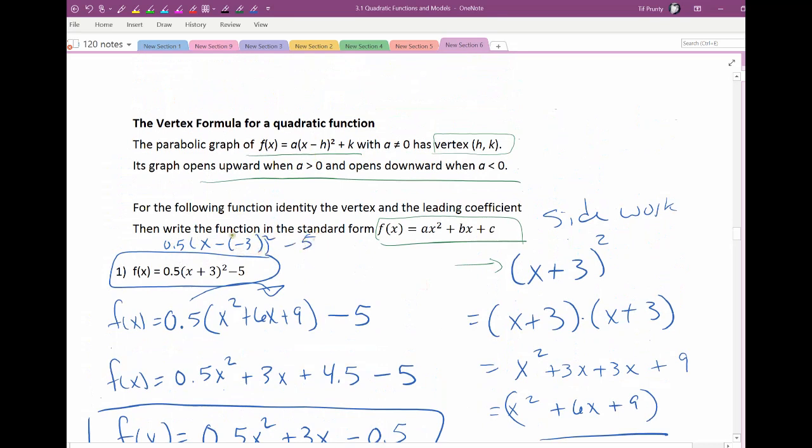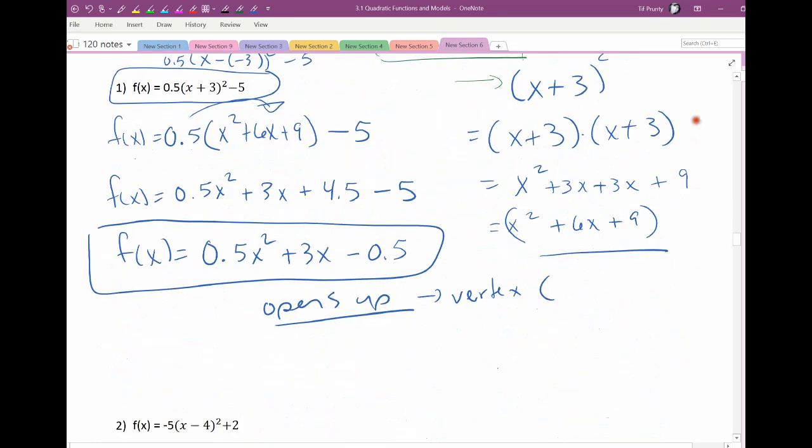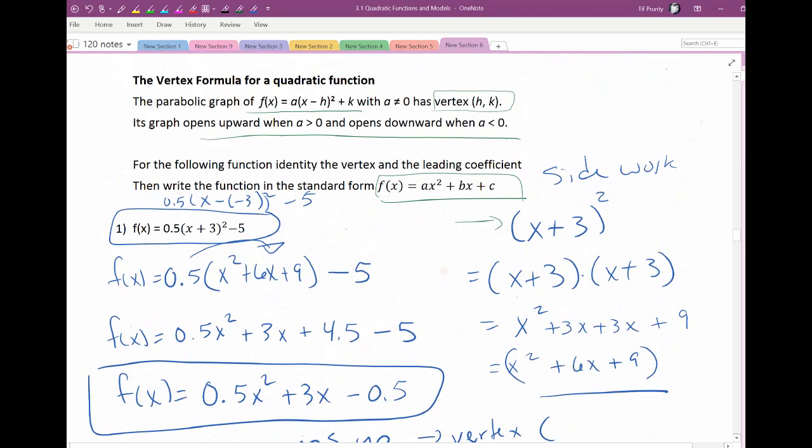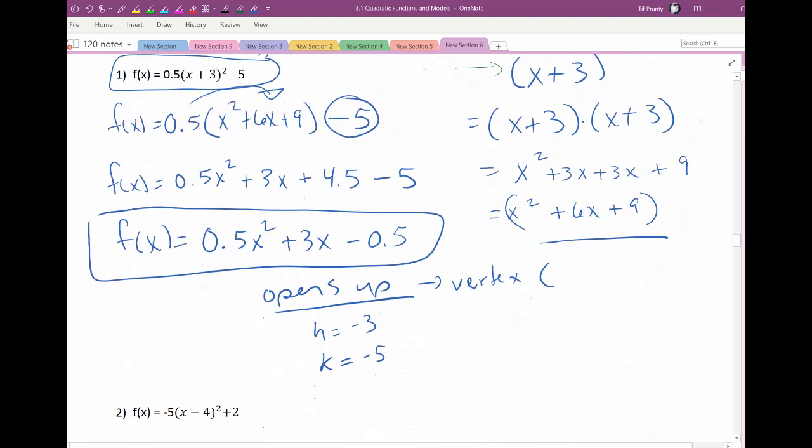And so my x term is negative 3 on my vertex, the h. The h part is negative 3, right? The k part is negative 5, right? Because the k part is plus, but it's a minus 5, so this gives me a negative out. And so my vertex is the negative 3, negative 5.